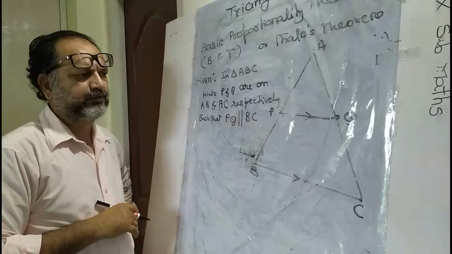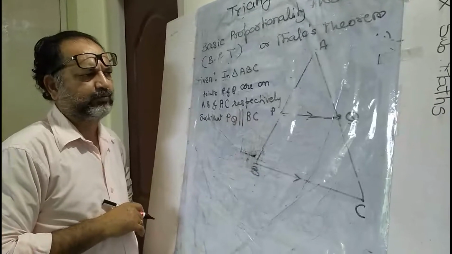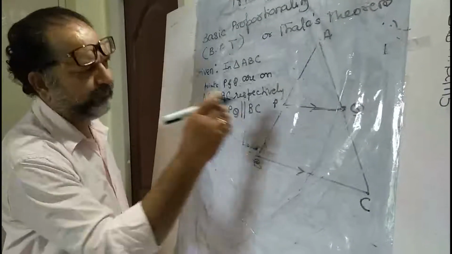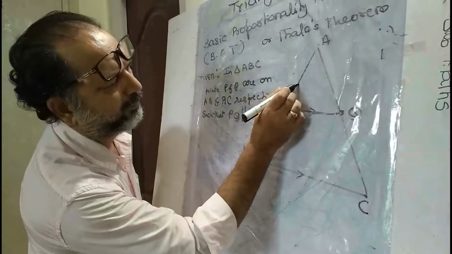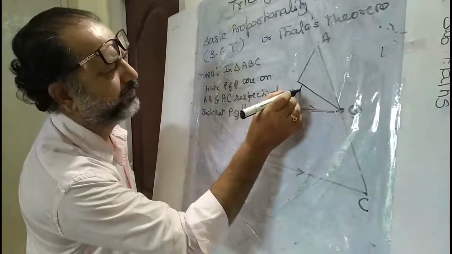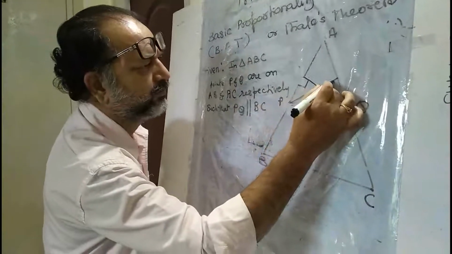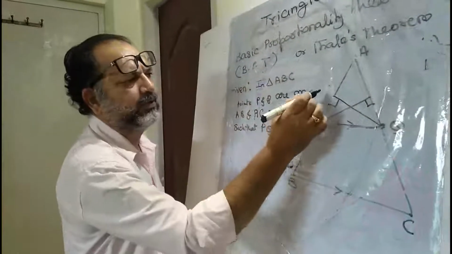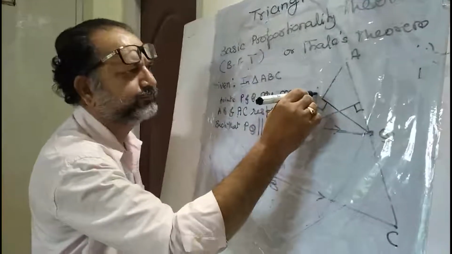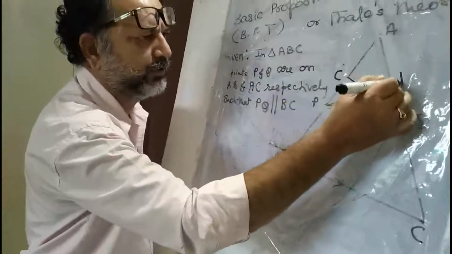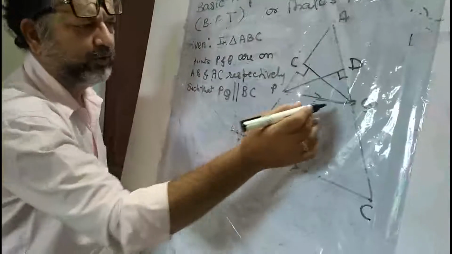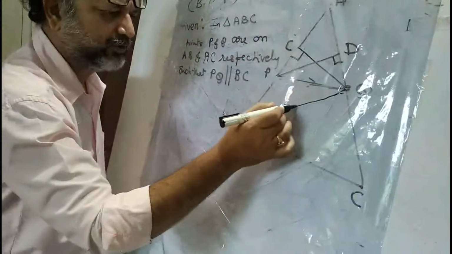Then in order to prove this theorem, we require some more data, which they will give. They will give you a perpendicular like this on this, and they will give another perpendicular on this.